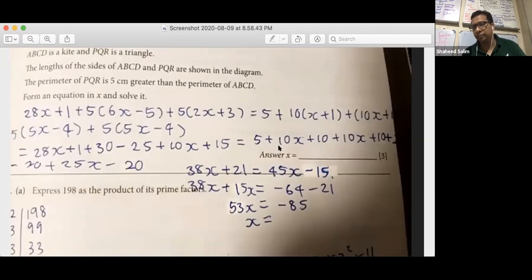Correct? Don't be sad, Emma. Down here, 5 plus 10 plus 10 is 20 plus 5, 25. 25 minus 20 is 5. 5 minus 20 is minus 15. So on one side, you're supposed to have 68x minus 9. The other side, you must get 70x minus 15.